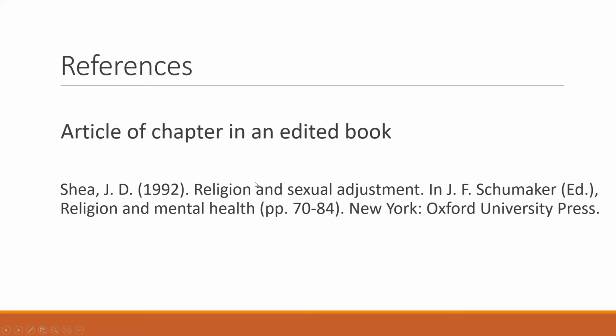And then that takes us to this references section, which has the author name, the year, religion and sexual adjustment, in this book, whatever edition, this chapter in this book, through these pages, and the publisher.